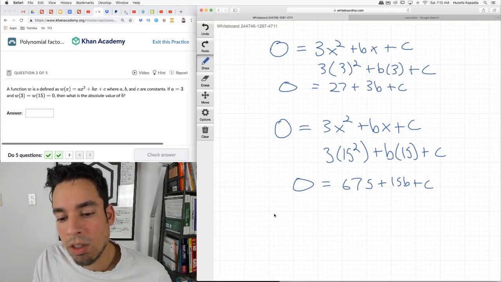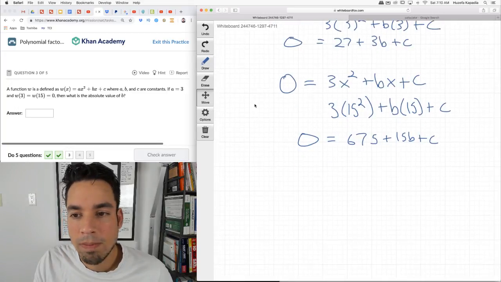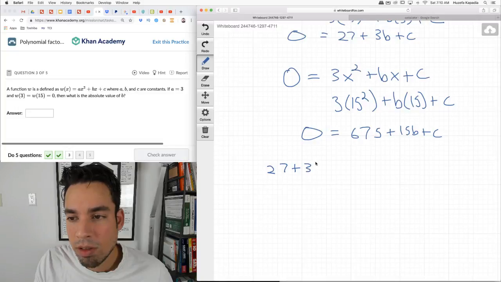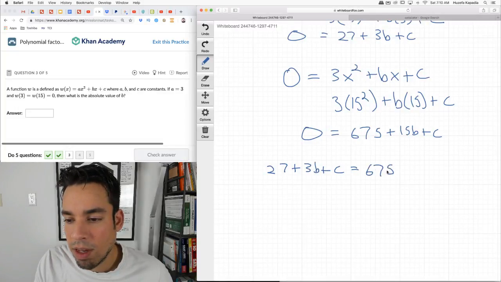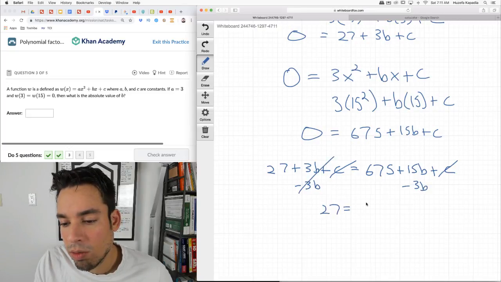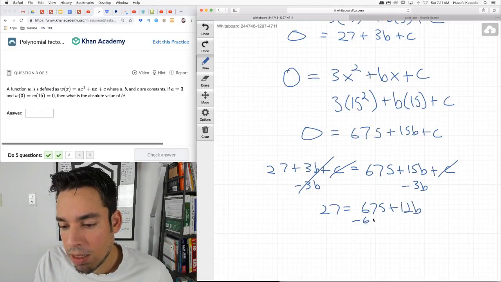And I'll just say, here, let me move this up a little bit more. 27 plus 3b plus c equals 675 plus 15b plus c. The c's cancel out, right? And then I can subtract 3b. And I get 27 equals 675 plus 12b minus 675.